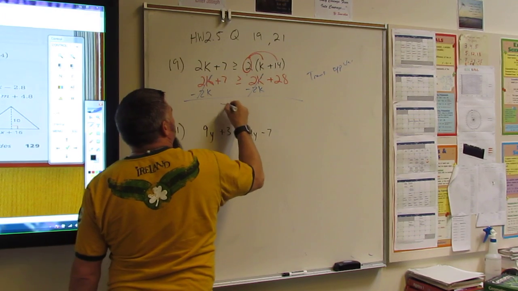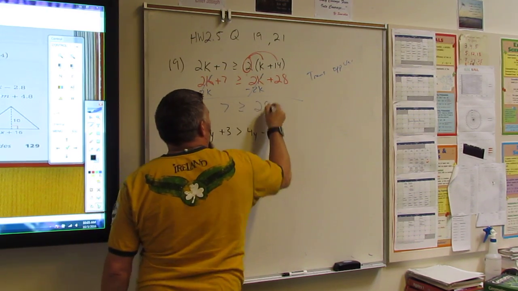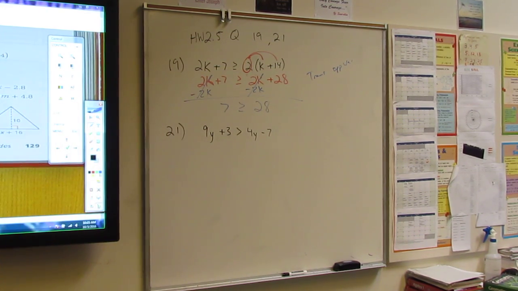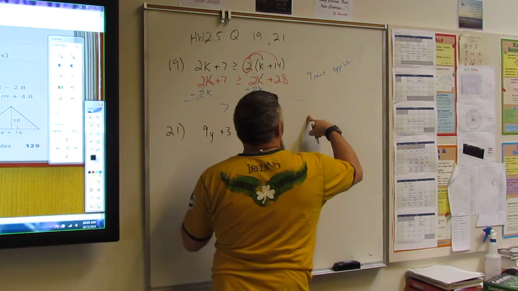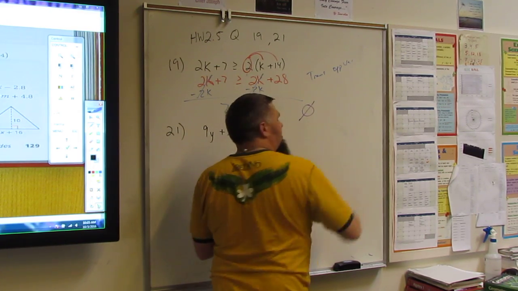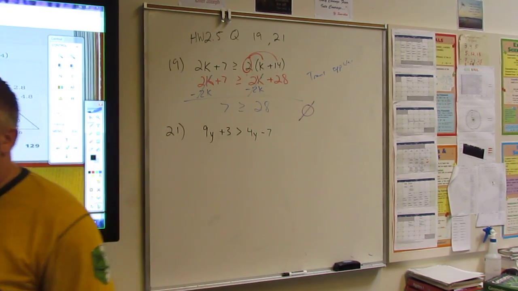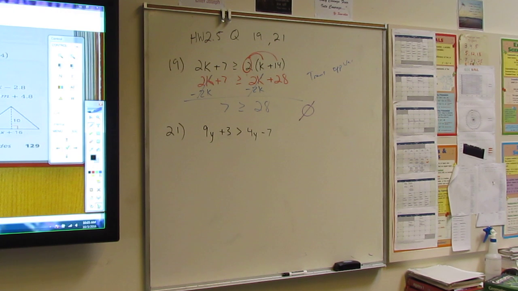These cancel, and I get 7 is greater than 28. Is 7 greater than 28? No. Then that means no solution. Now, if 7 was less than or equal to 28, that would mean all real numbers, right? Remember that?